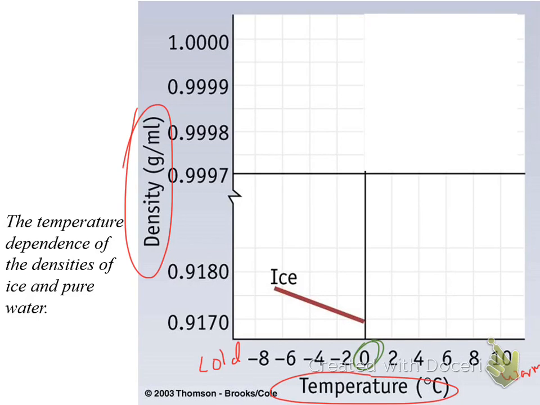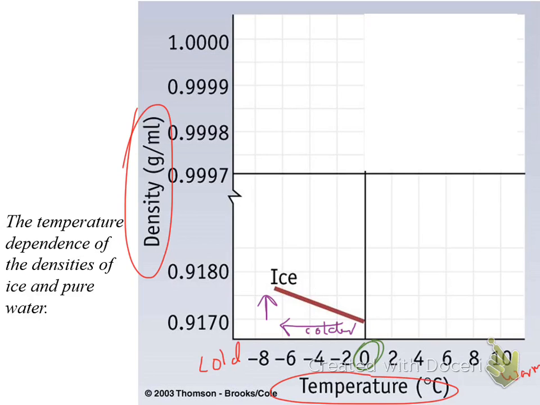So starting with water in its solid phase, notice that it's the exact trend we talked about. The way you read this is as you get colder, density goes up. That's exactly what we talked about. As you get colder, density increases.